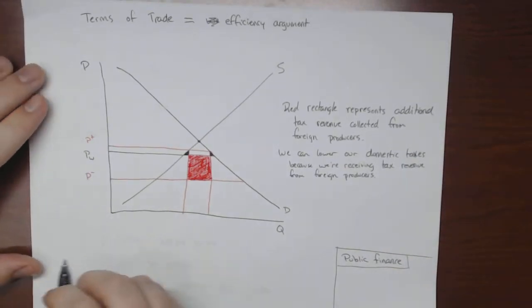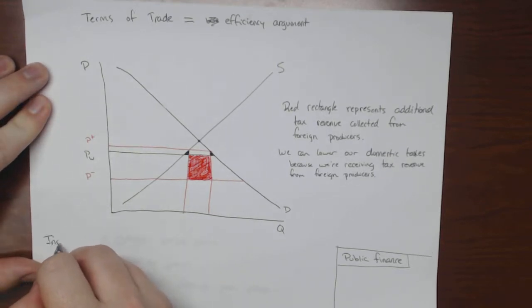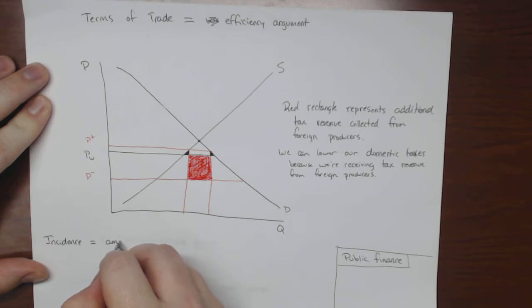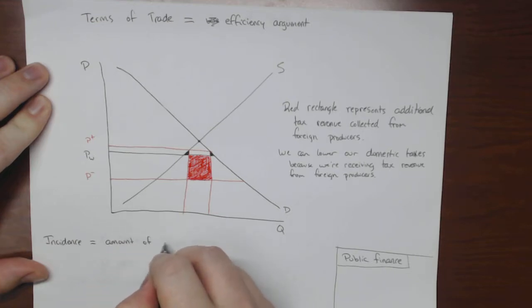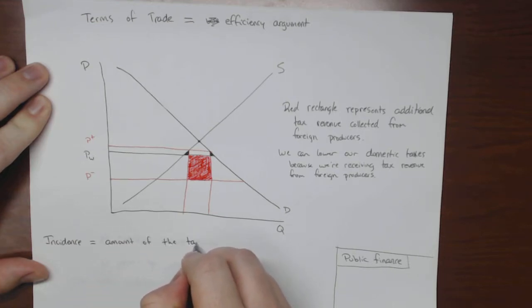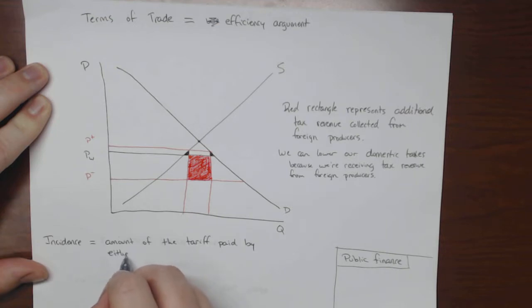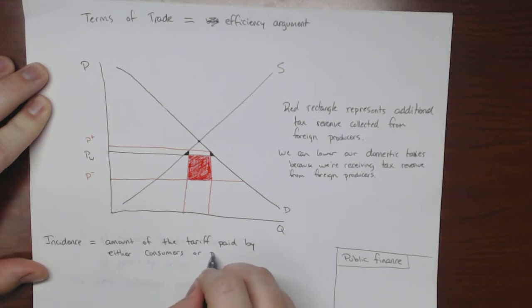Okay, so just to clarify, incidence is equal to the amount of the tariff paid by either consumers or producers.